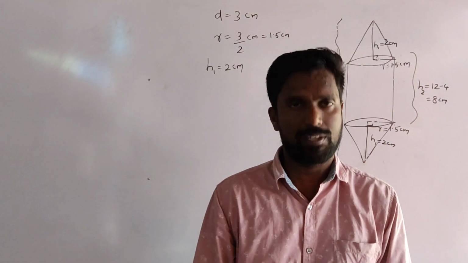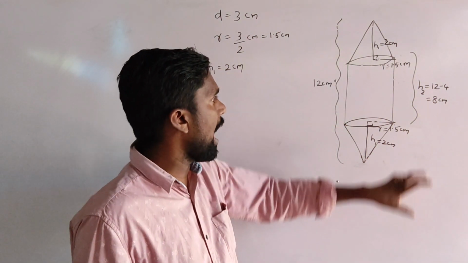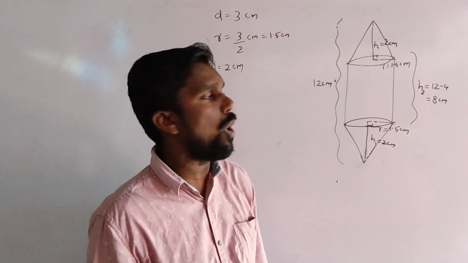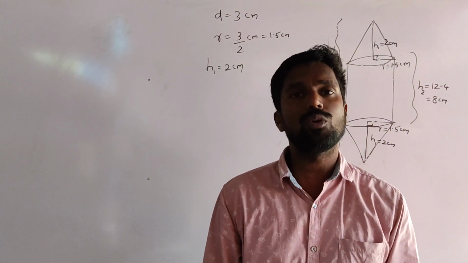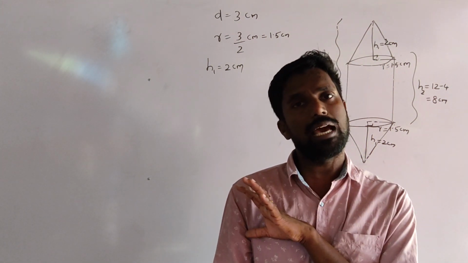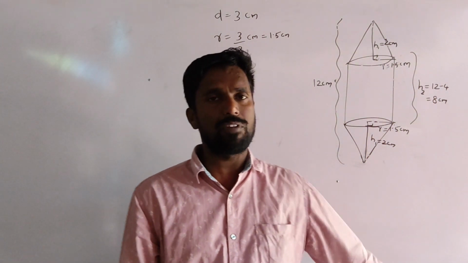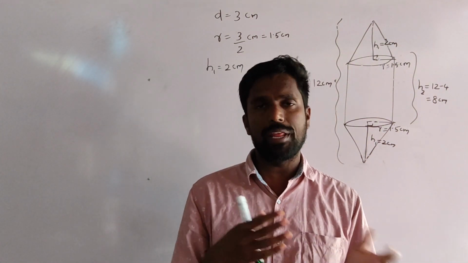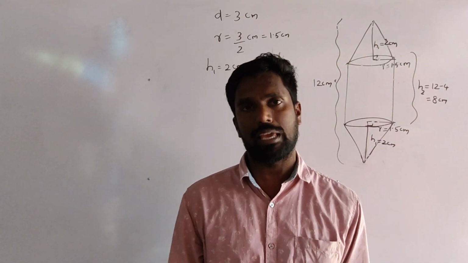This is different. So you can use the letters H1, H2, or small letter h and capital letter H. Don't use simply small letter h, because the height of the cylinder and the height of the cone are different. In all the previous problems, in the combination of solid shapes, the height was the same and the radius was the same.